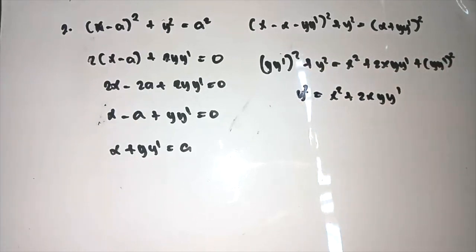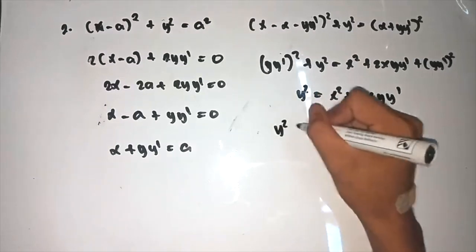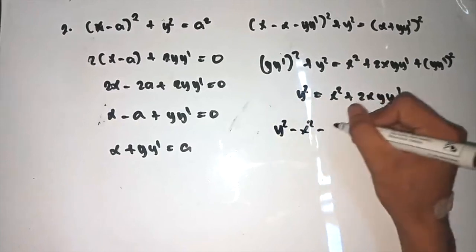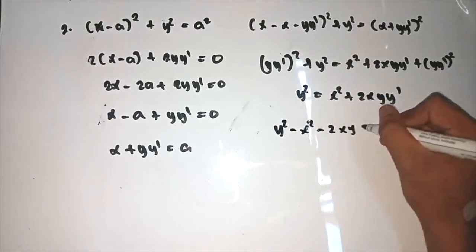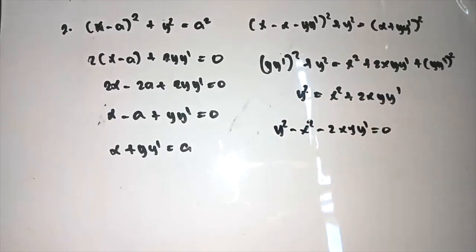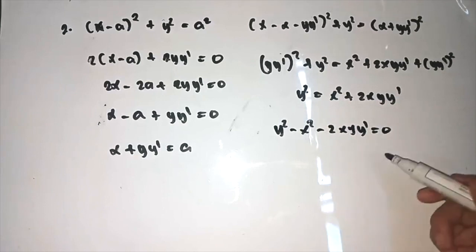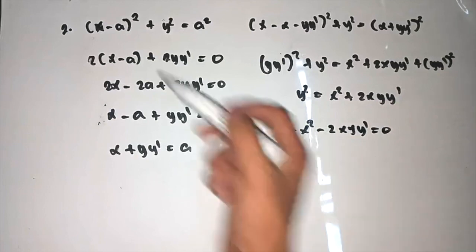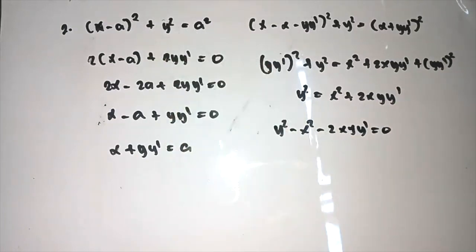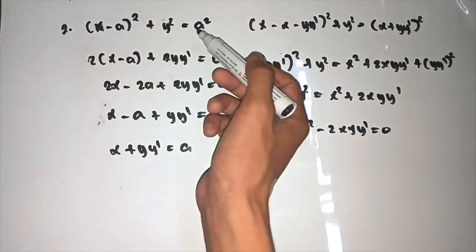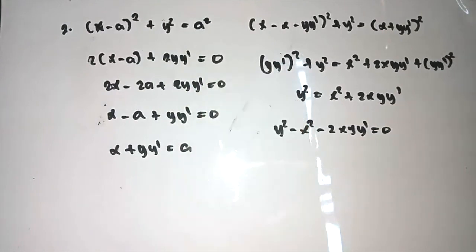And hence the given differential equation will be y squared minus x squared minus 2xy y prime equal to 0. And if we're going to get the general solution for this, we will end in x minus a raised to 2 plus y squared equal to a squared, since a is just a constant.